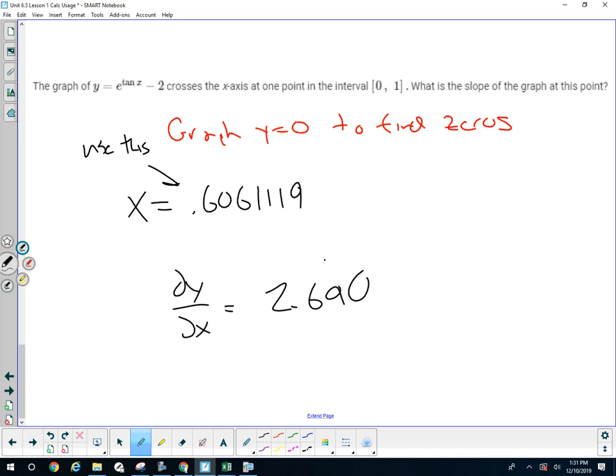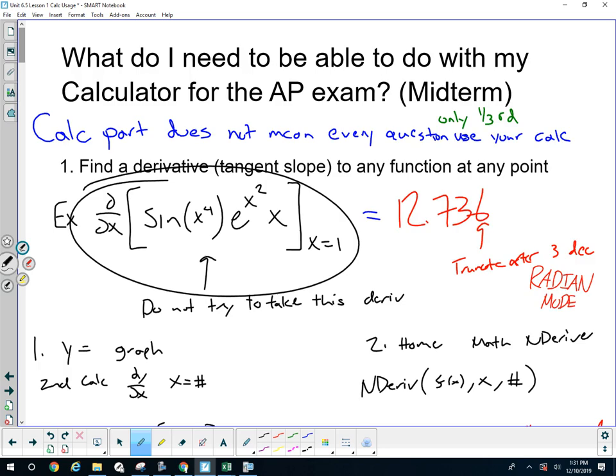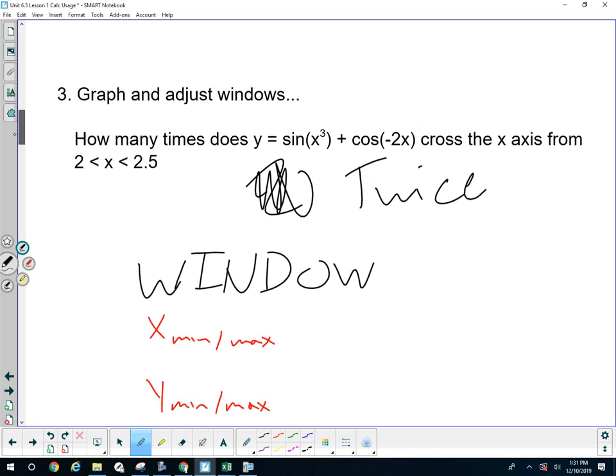Now go back to adjusting windows and finding solutions. There are situations where we need to find maxes and mins.